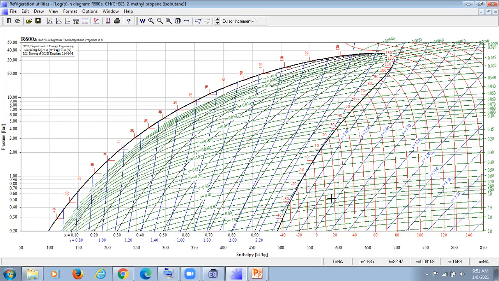In between, proportionately, you can see the liquid vapor mixture. That's why we call this the liquid vapor dome. Above the critical point, it is in gas form.